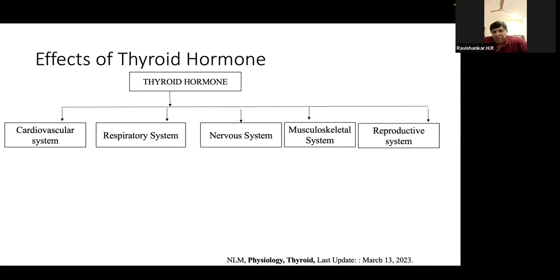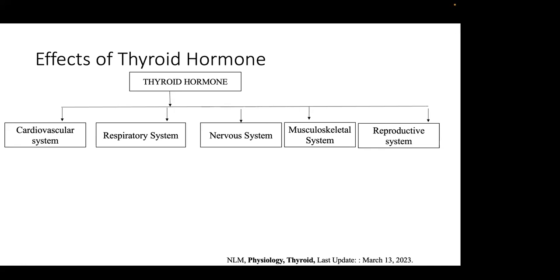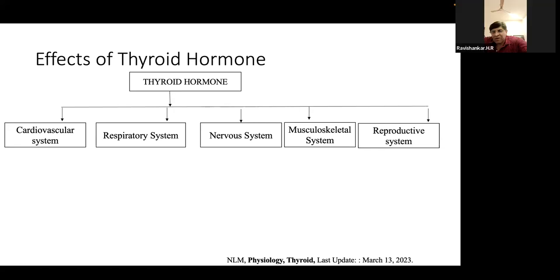Initially there will be swelling of the thyroid gland and rupture of the follicles, releasing excessive T3 and T4. What is the term for that? Hashitoxicosis.